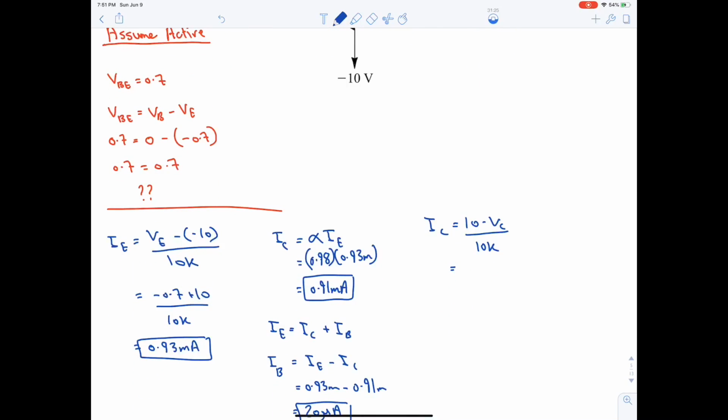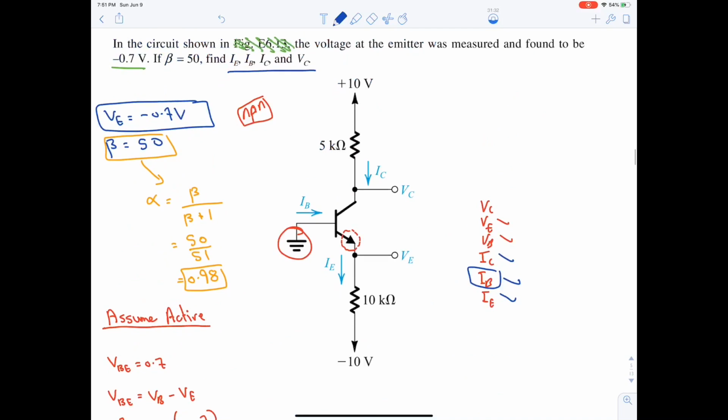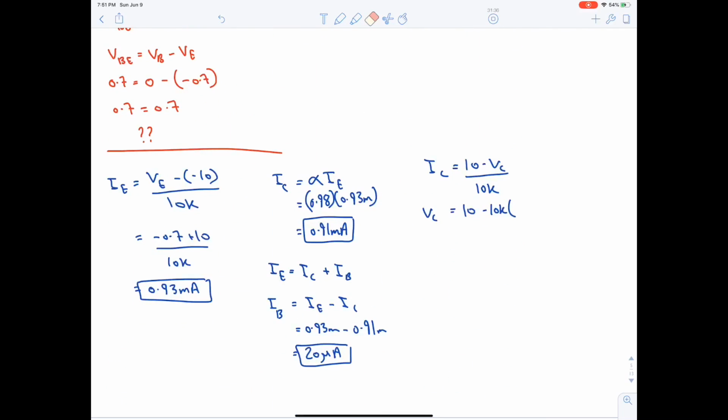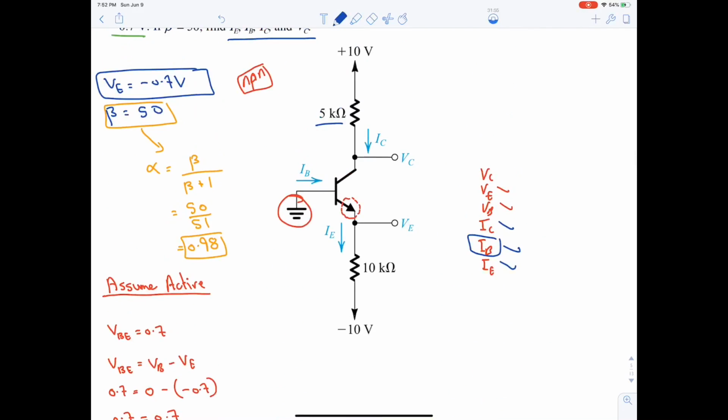So VC is equal to 10 minus 10K multiplied by, is it 10K or 5K? Sorry, it's 5K, multiplied by IC, and IC is equal to 0.91 milli. This will give us 5.45 volt. We have found all the requirements.